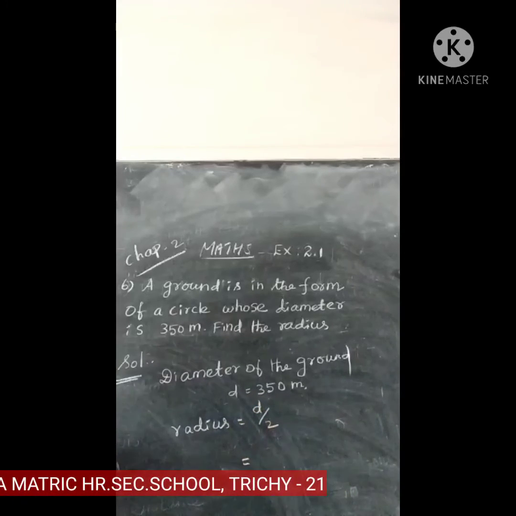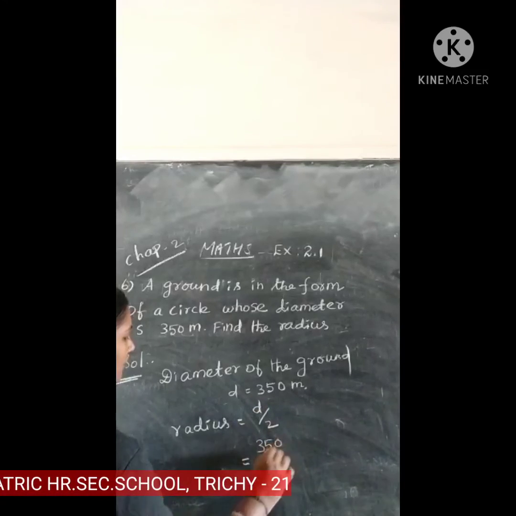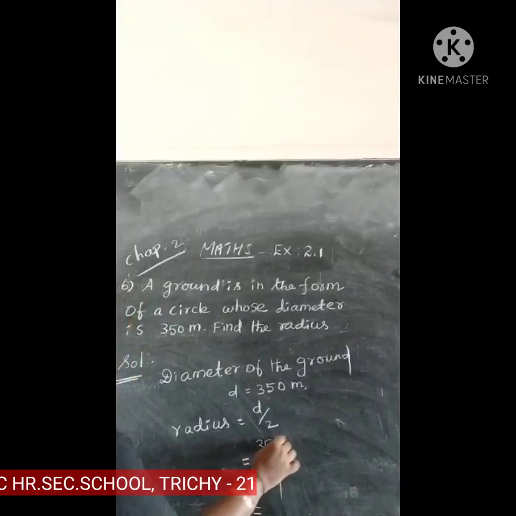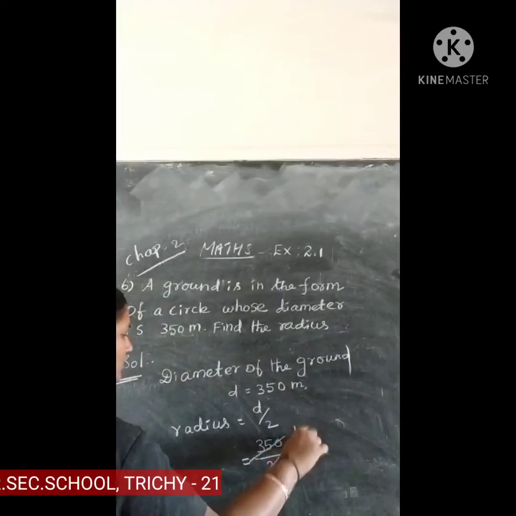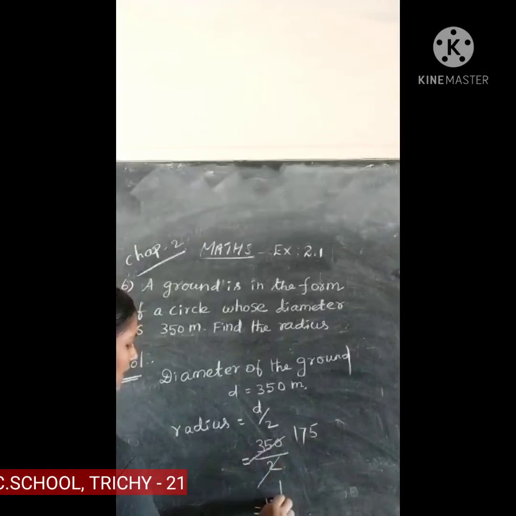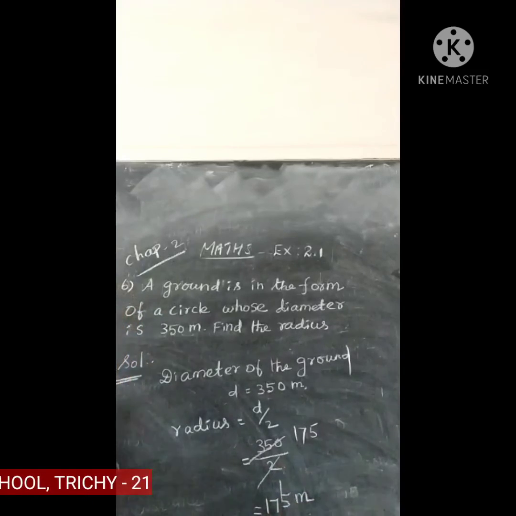So here diameter is equal to 350 meter. So 350 divided by 2. Simplify using the 2 table. 1 2s are 2, remainder 1. 50: 7 2s are 14, remainder 1, 10, 5 2s are 10. So 175 meter. So the radius is equal to 175 meter. This is the solution for the sixth one.